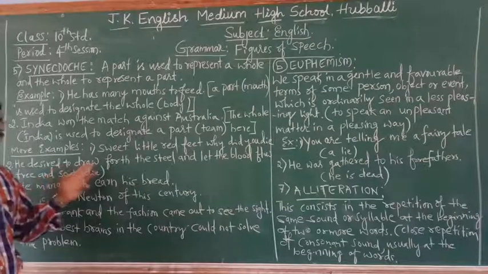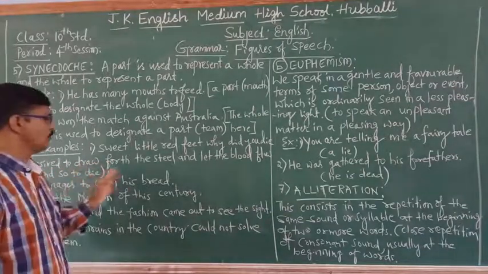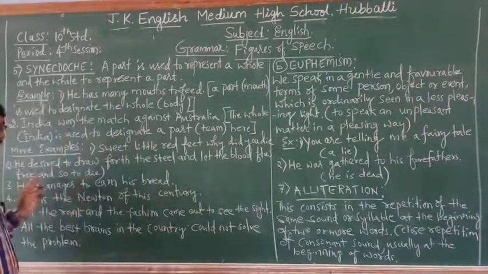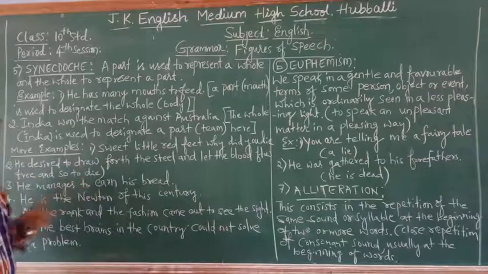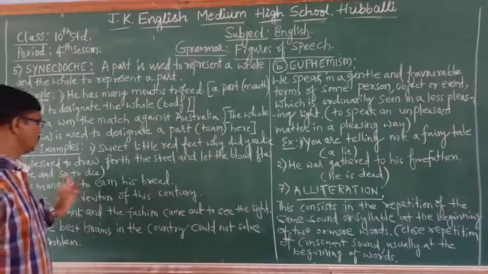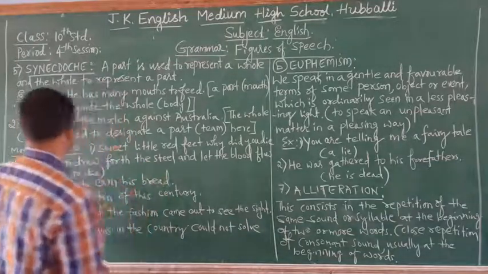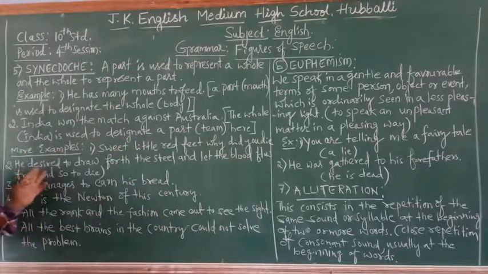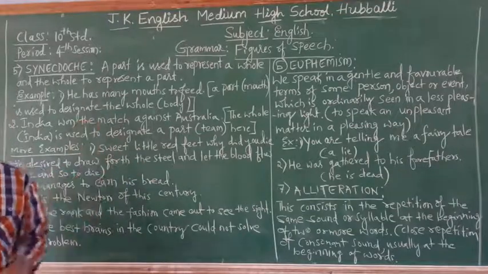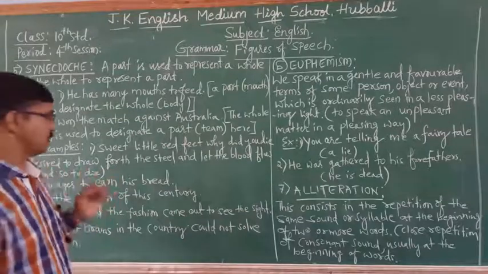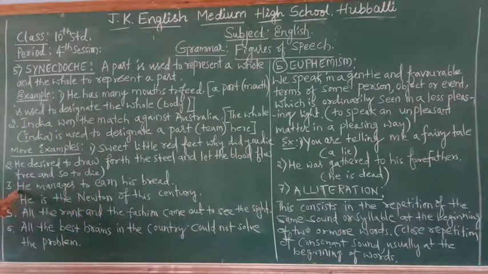Here the blood flowing represents a part, and dying is the whole. Desire to draw forth the steel is a part, and dying represents death, which is the whole.